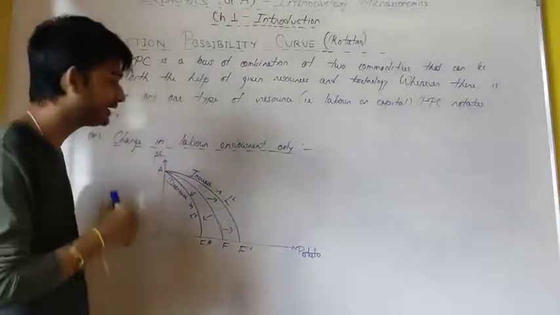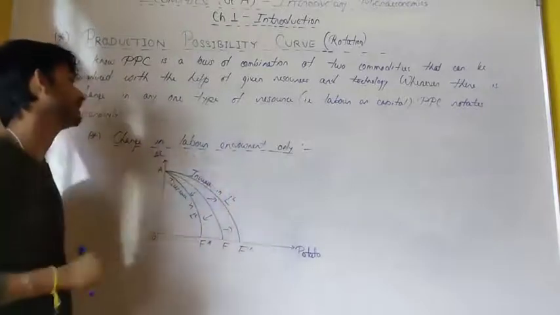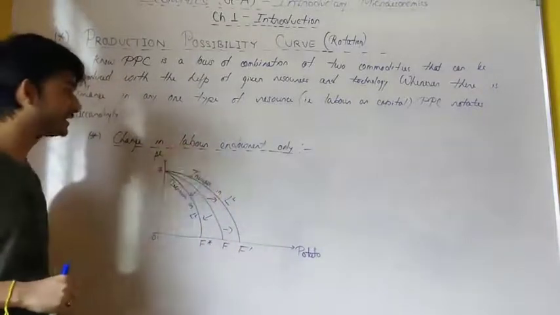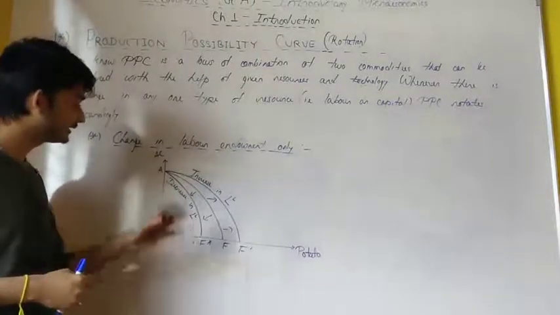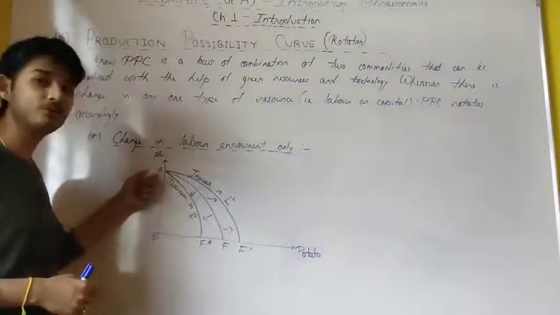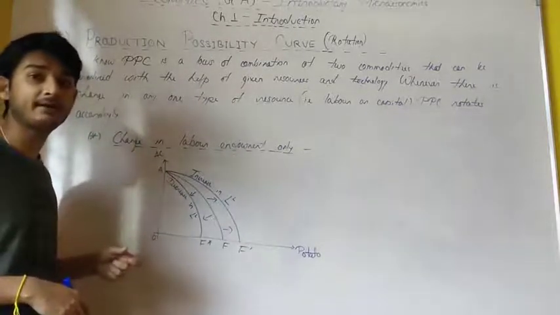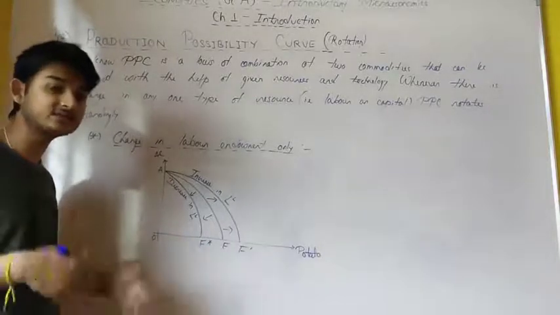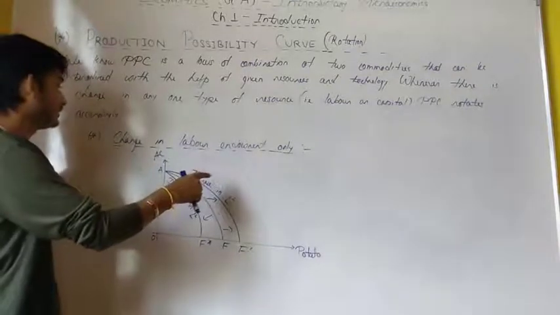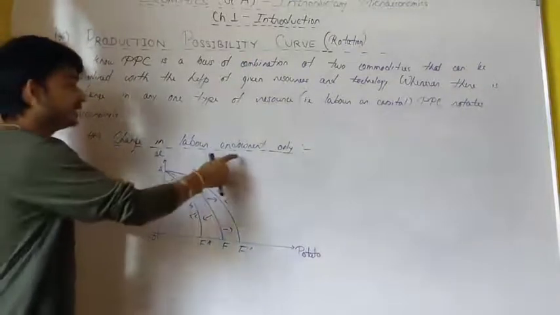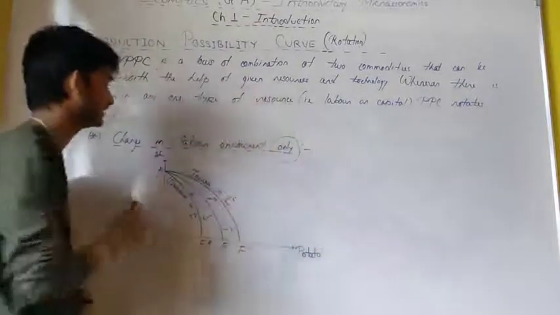Rather, the production of the labor intensive item, which is the potato, will increase whenever the change is associated with labor endowment only. And whenever there is decrease in labor endowment, then the AC production will remain the same, because it is using less labor and more capital, and there is no change associated with capital. Here we are mentioning very loud and clear that it is change in labor endowment only, no capital is associated here.